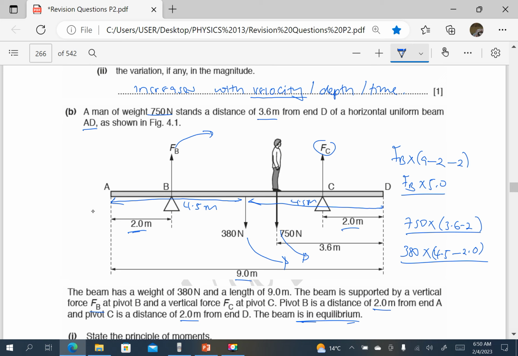Let's say the man has reached here, where he has moved a distance x from the point.